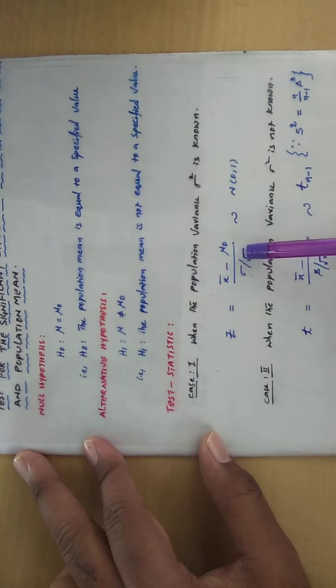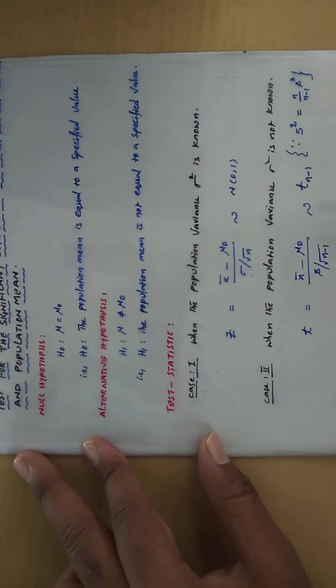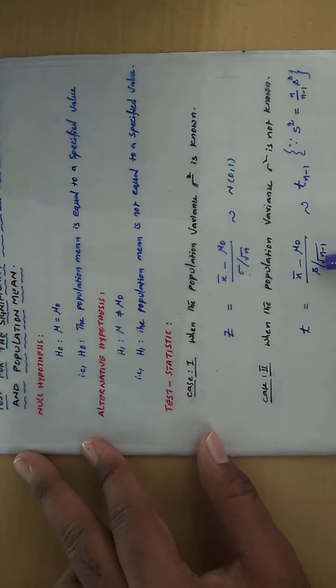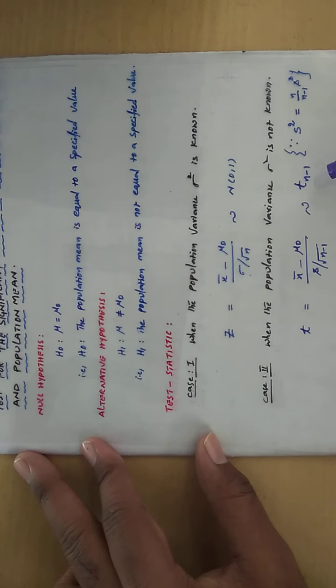Instead of square root of n, we have to remember we are considering the degrees of freedom also. That's why here what is the division? Divided by under the square root, degrees of freedom. Which follows a T distribution, not the normal distribution, but with how many degrees of freedom? With n minus 1 degrees of freedom. So from the sample size you need to subtract 1. Let us suppose the sample size is 15.